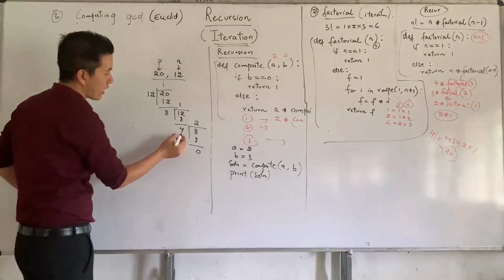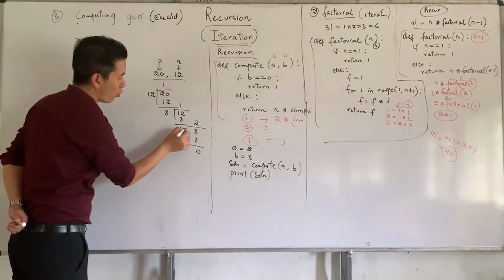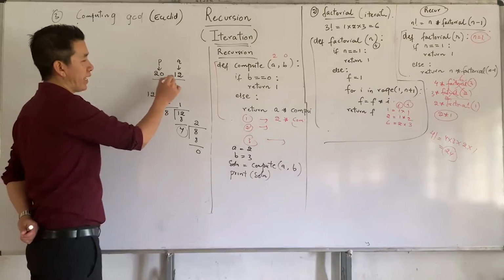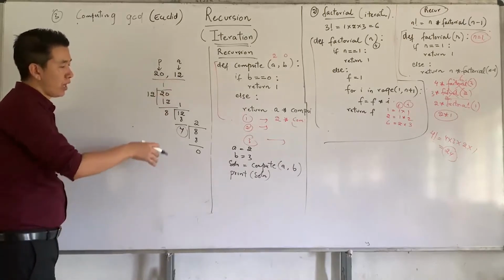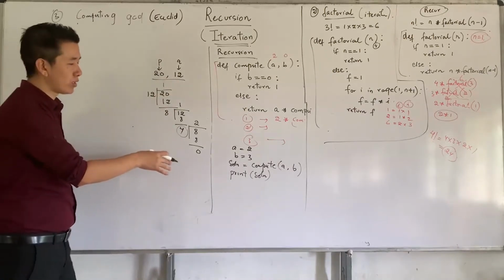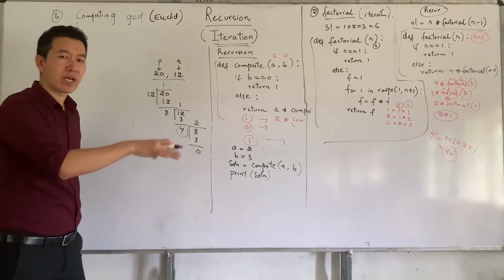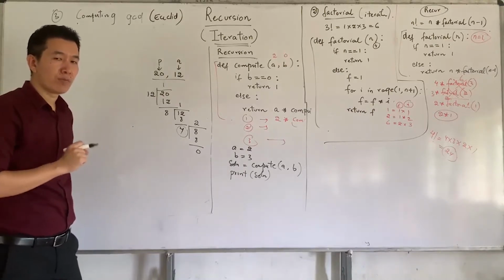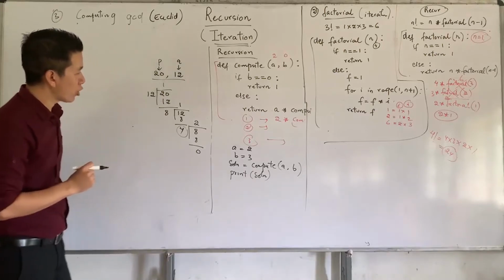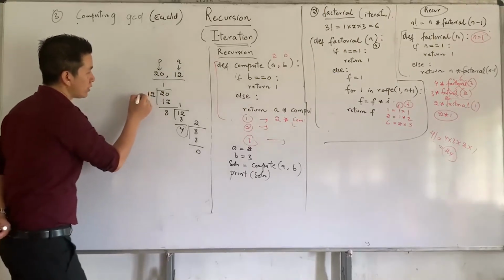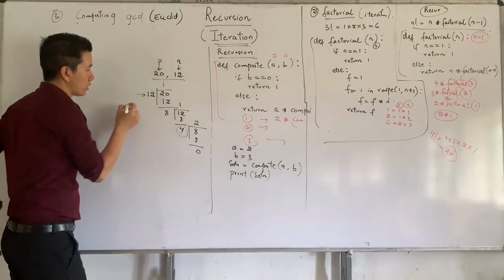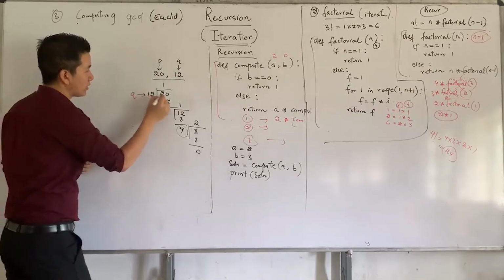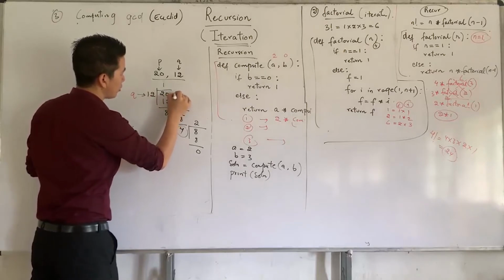So I could say that the value 4 is the greatest common divisor of 20 and 12. How do you reach this? You have to make sure that the remainder value becomes 0. So that's going to be the base case for our program. But if you take a closer look, this is Q, this is Q, and this is P, alright?